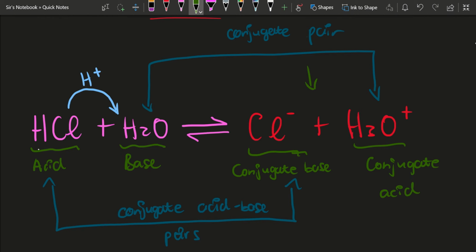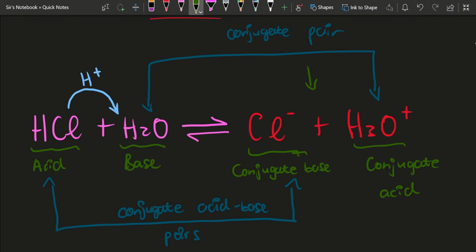Initially we had HCl reacting with water, and that gave us Cl minus and a hydronium ion, right? And then we've identified something. If I had to reverse the reaction, I would have Cl minus plus the hydronium ion forming HCl and water.